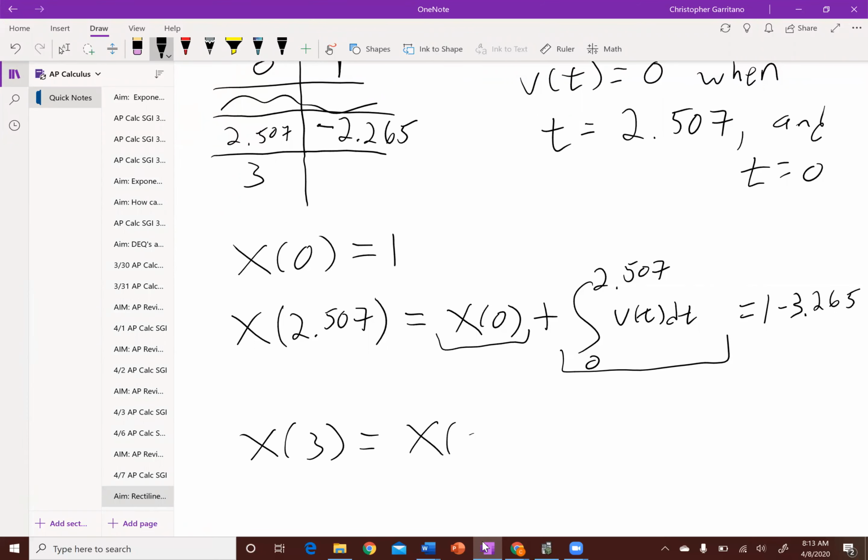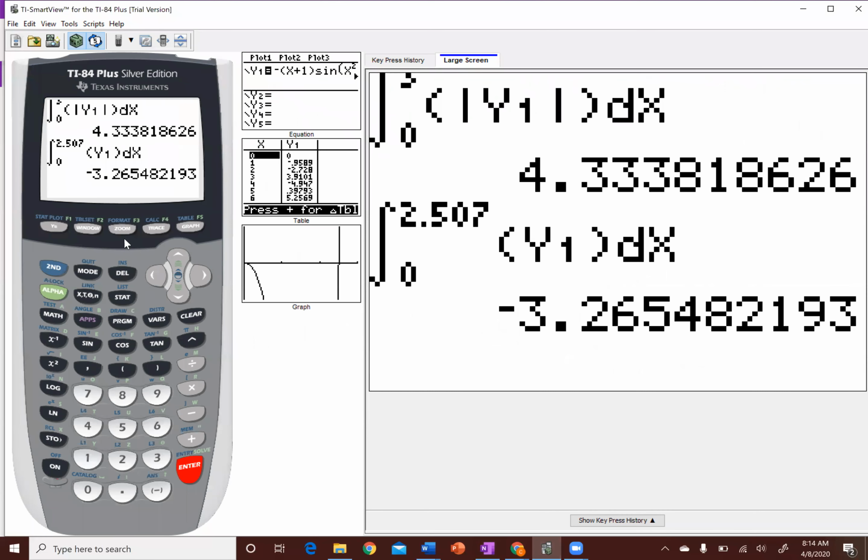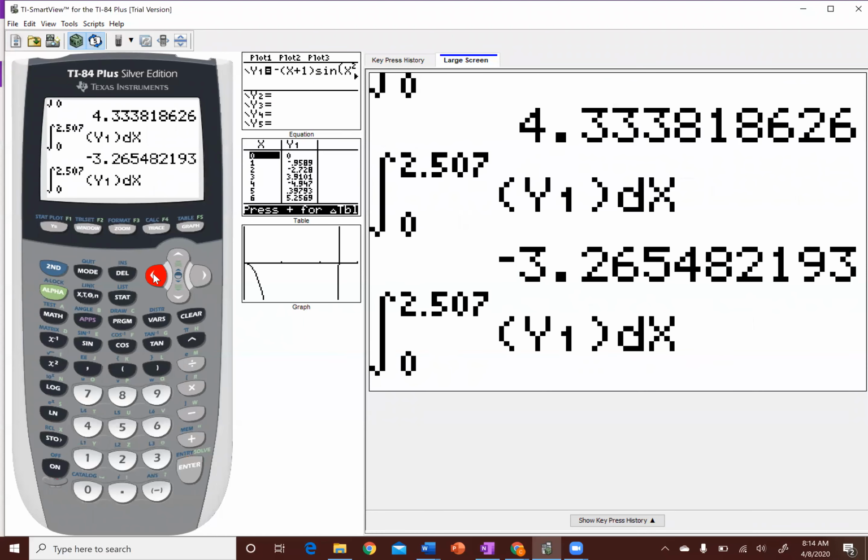Okay, and x of 3 is going to be a very similar expression. So I'm going to take my initial condition and I'm going to add the integral from 0 to 3 of v of t dt, and this will equal 1, let's see, plus or minus. Let's run the same exact thing we just did, but I'm just going to adjust my limit of integration.